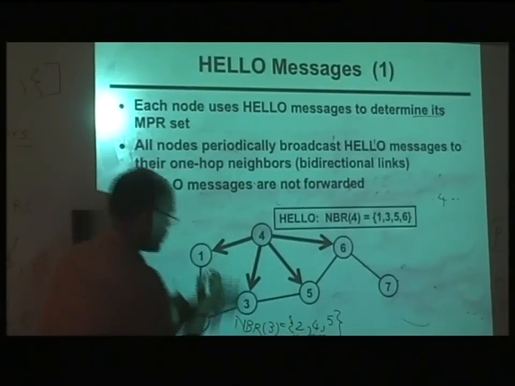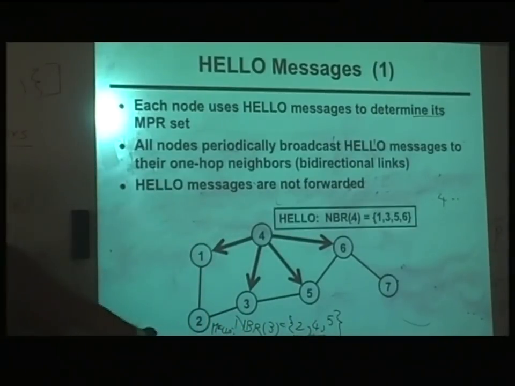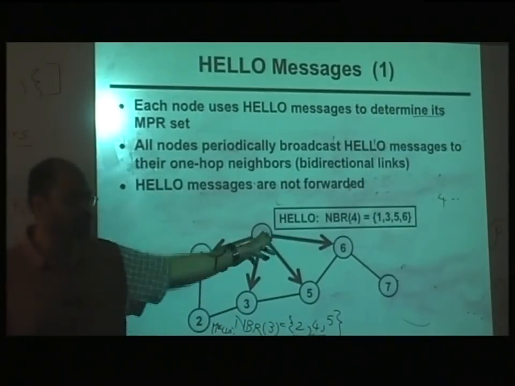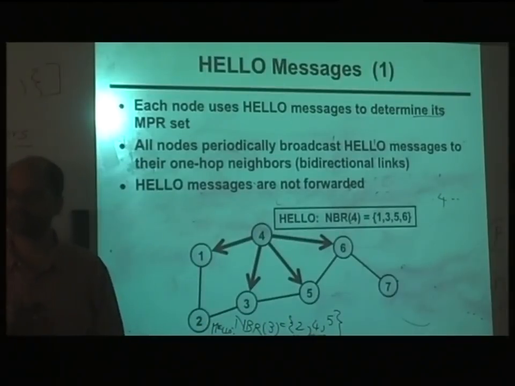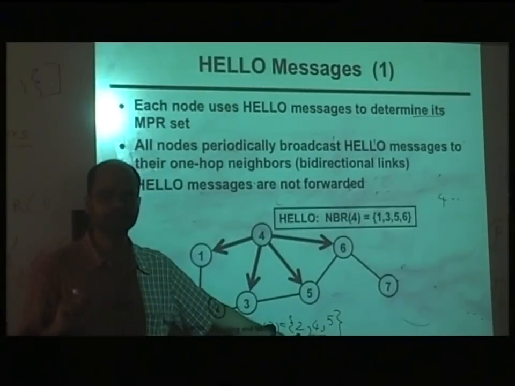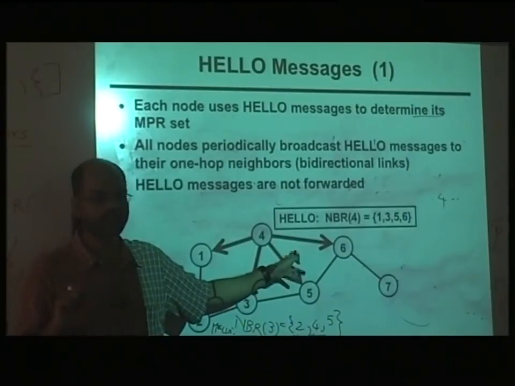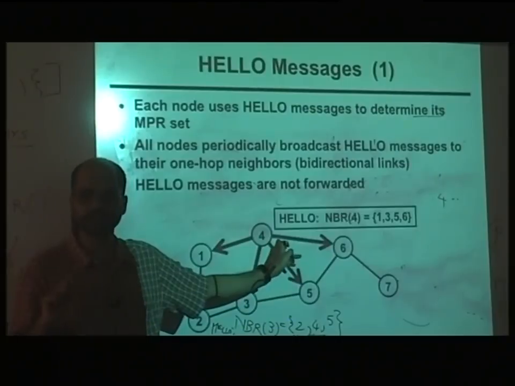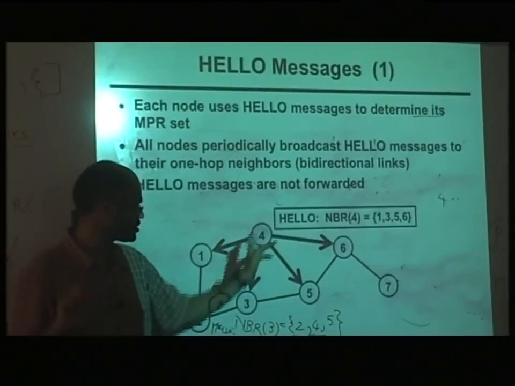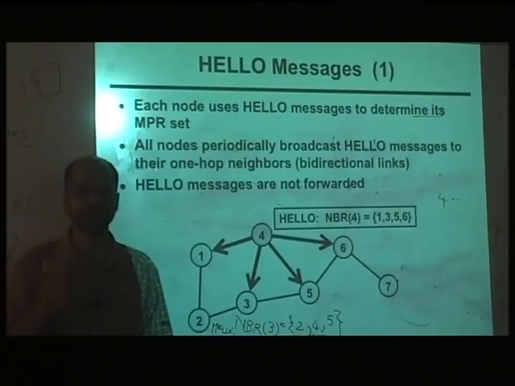So when it says hello, it will include this. Now, can 4 learn about 2? Yes. Because it sees in the neighborhood of 3 there is a node called 2, and I don't hear its hello message directly. That means for sure I am not directly connected to 2, but 3 is. And since 3 is 1 hop from me, 2 is 2 hops from me.